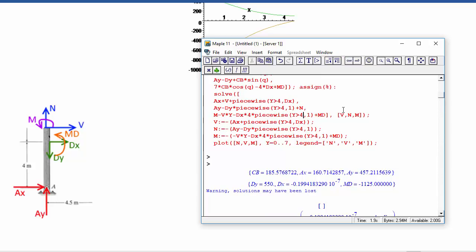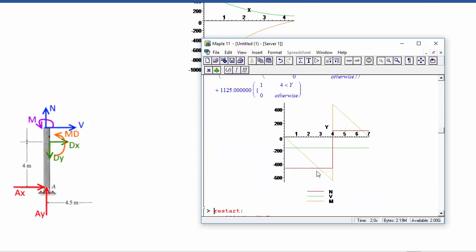So what you can do is say, add in plus md minus dx times 4 to this whole piecewise thing. And now it's behaving properly.